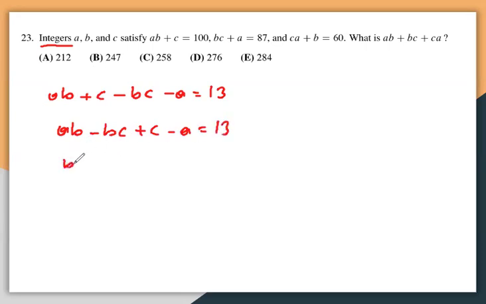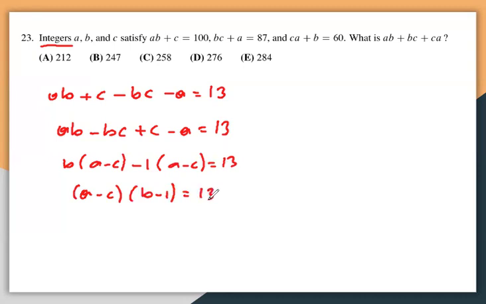Pull out the B, so that should be B times (A minus C), and then I can pull out the -1 to get A minus C as well. So that should be 13. So A minus C times B minus 1 equals 13.